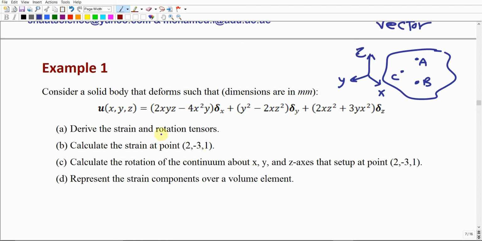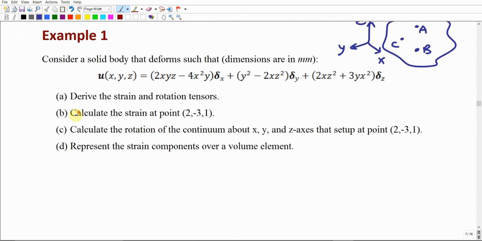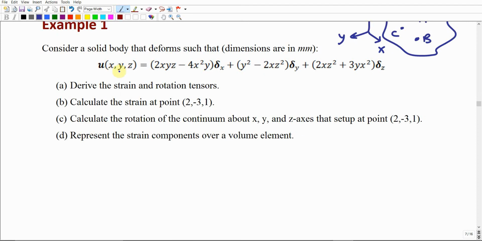So simply, before we start doing anything, if we are interested in the displacement of any point, this is just a vector because it has delta X, delta Y, delta Z. These are the 3 components. The UX component is going to be 2XYZ negative 4X squared Y, and this is the X component.